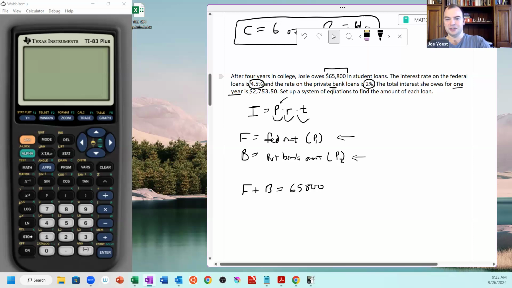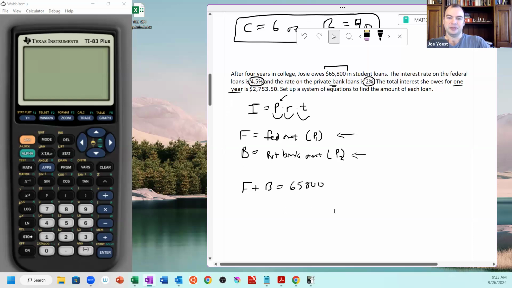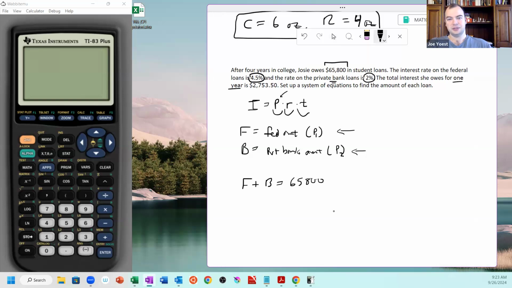So a little aside, a little tangent, but I think we are safe in making the assumption that this is an annual rate. All right, so if the interest rate for the federal loans is 4.5%, then the interest charged over that year is going to be 0.045 times the amount owed. And the interest rate on the private bank loans is 2%.